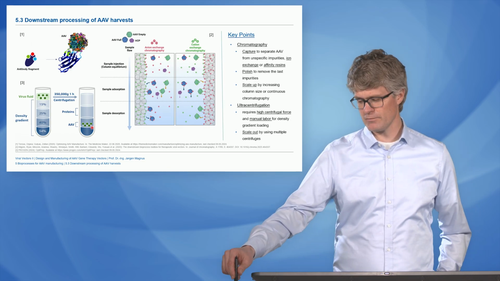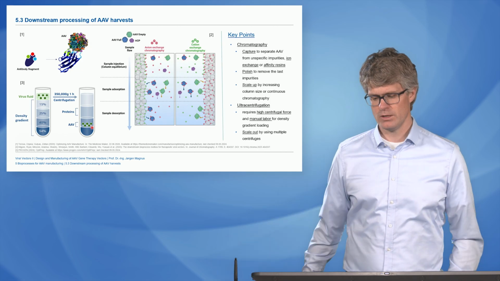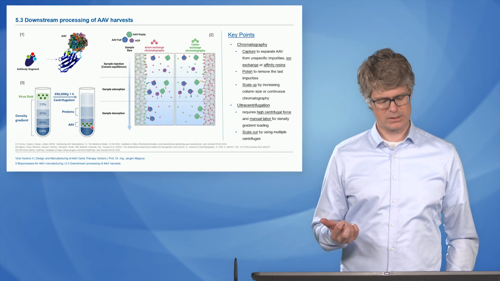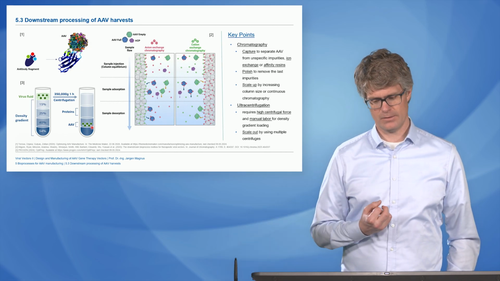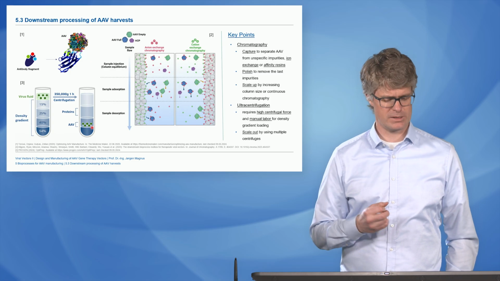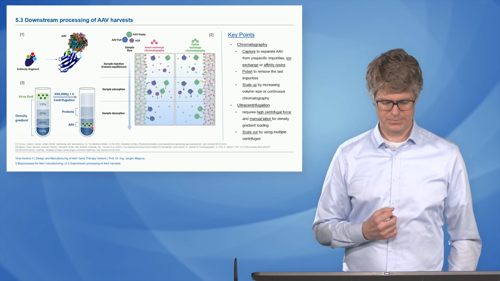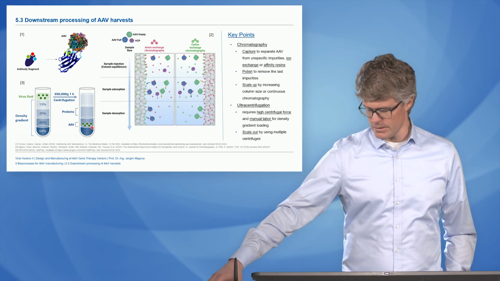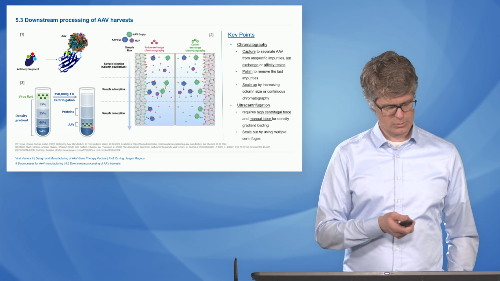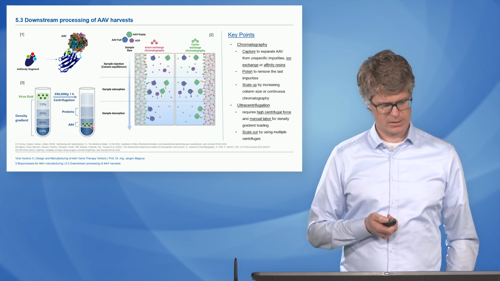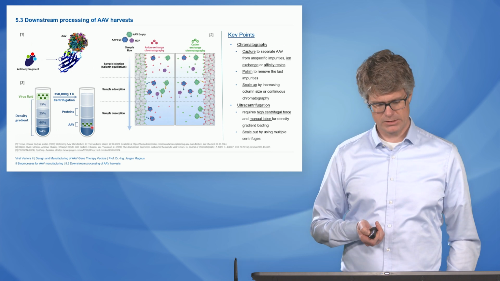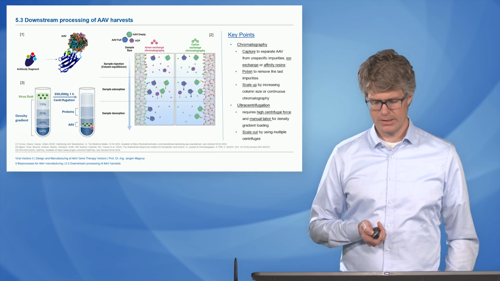Potentially you could also have a flow through chromatography, where you just bind the impurities and you let the AAV capsid flow through. So there are different ways of doing this. So these are the most important steps in the downstream processing of the AAVs.